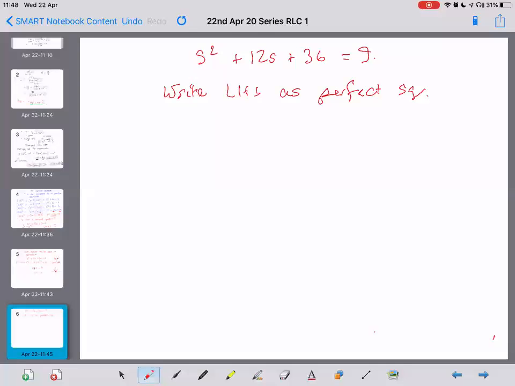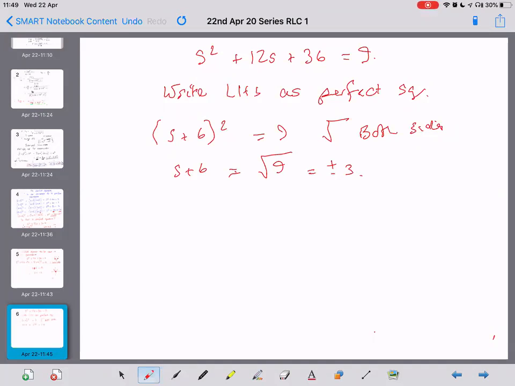We've obviously done this. You've written s plus 6 all squared is equal to 9, and then you root both sides. So we end up with s plus 6 on this side is equal to the square root of 9 on that side, which is plus or minus 3.